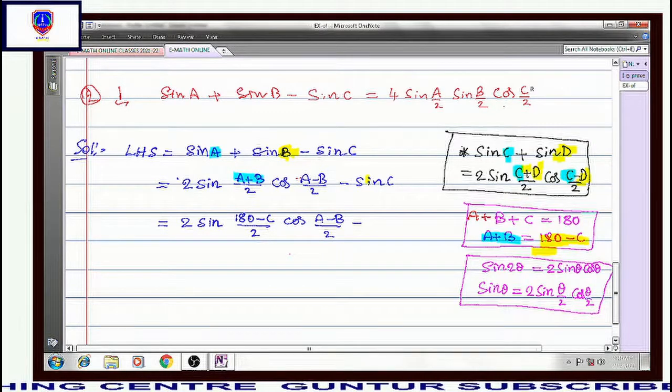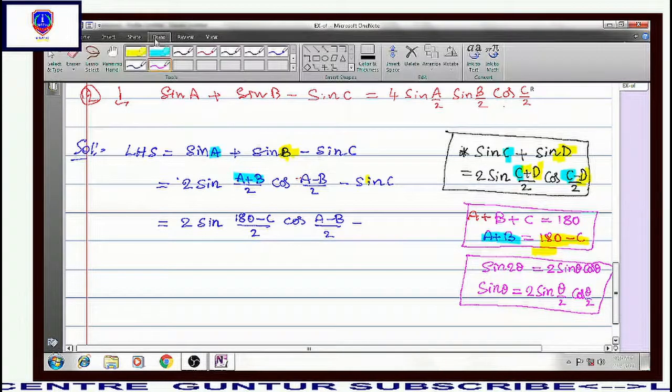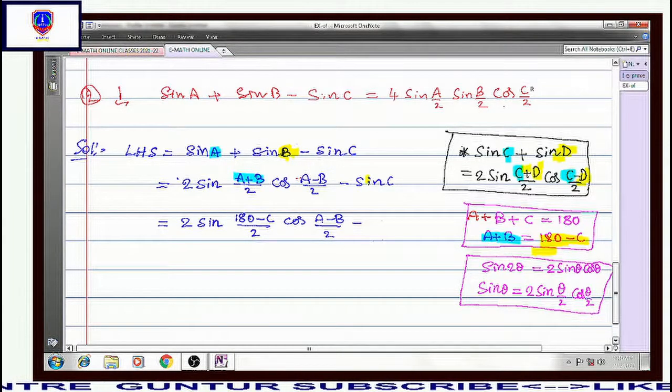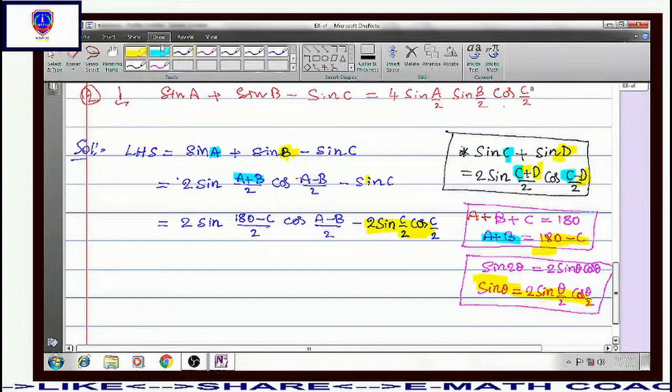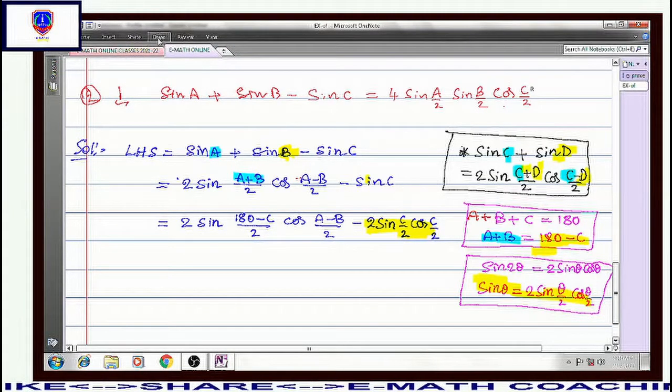Now sin C we can write as 2 sin C by 2 and cos C by 2. I am using this sin theta rule here, where C and theta are the same.